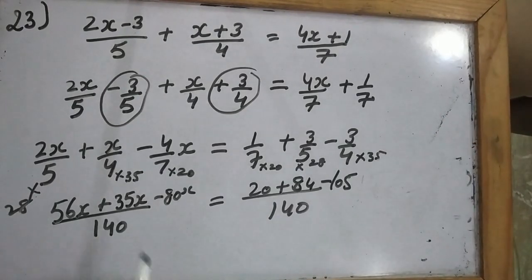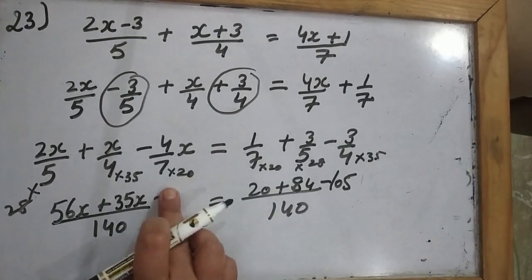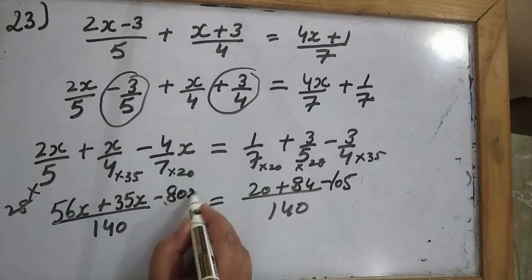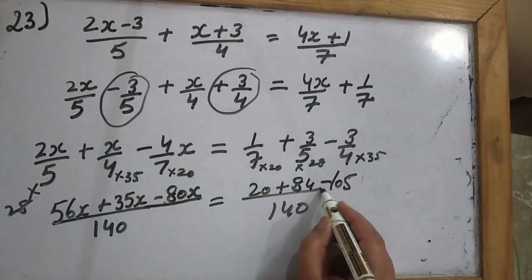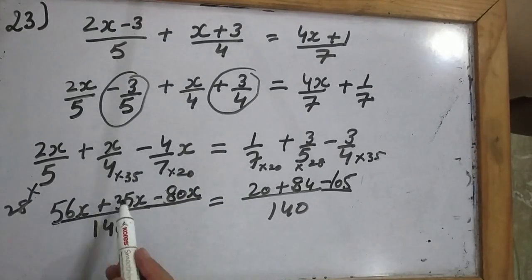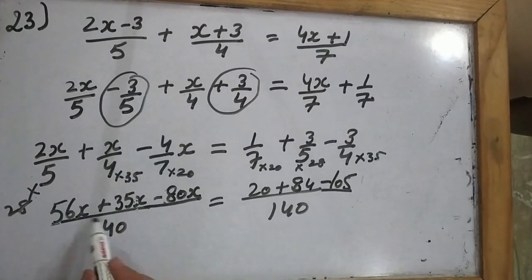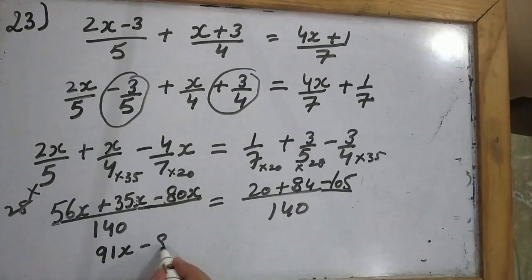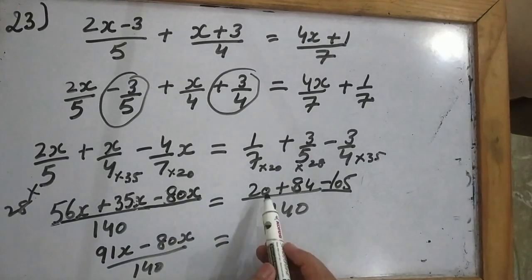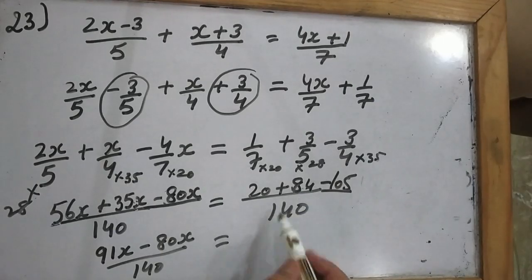Okay, now this is 80x. Now these both are positive terms, so you can add them. This will become 91x minus 80x upon 140, and here both these are positive, so you can add them up.